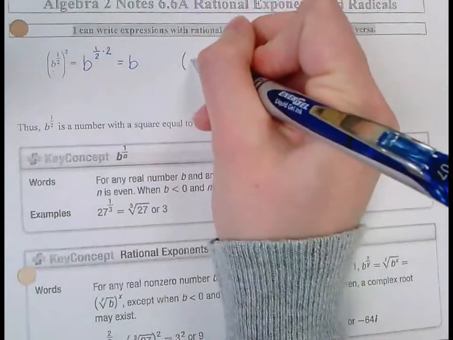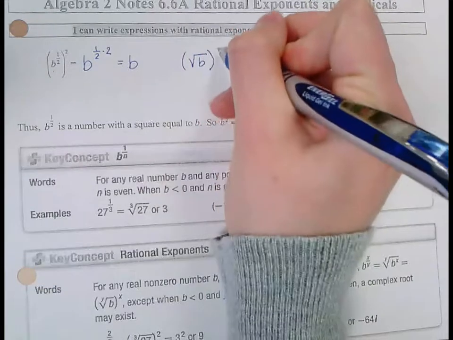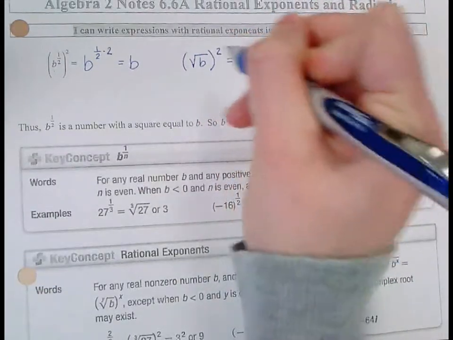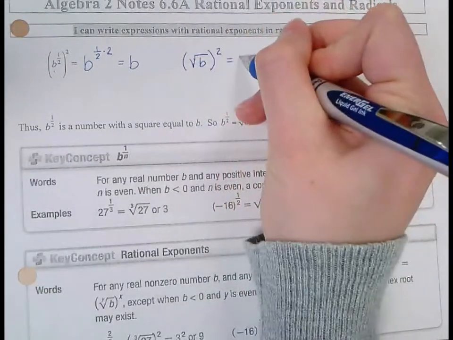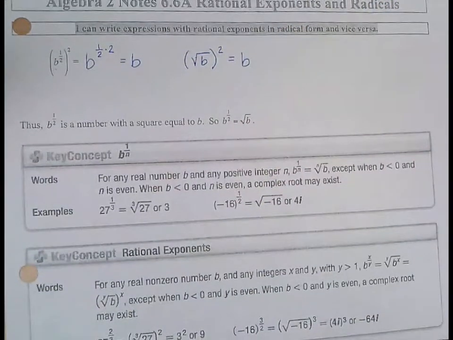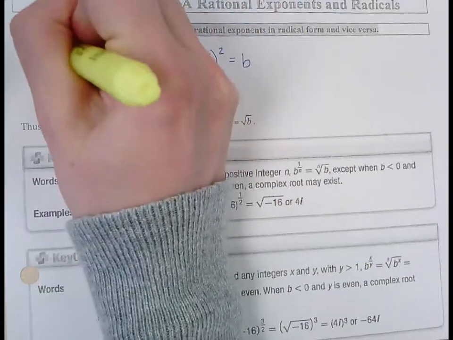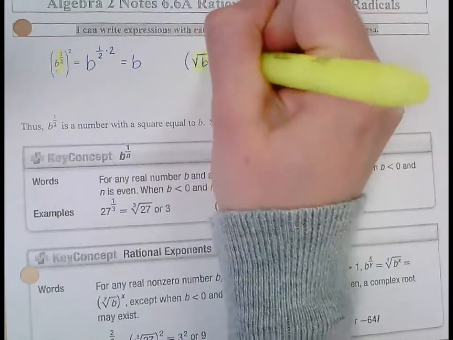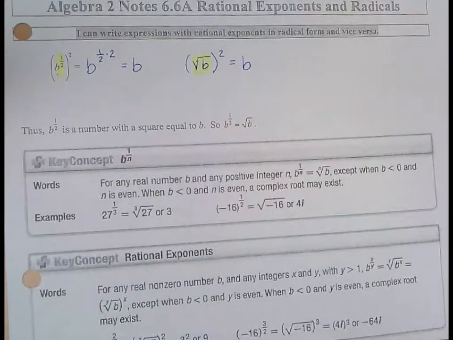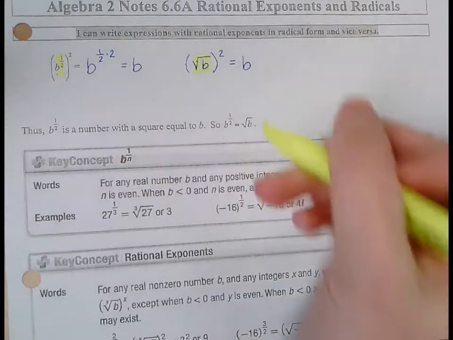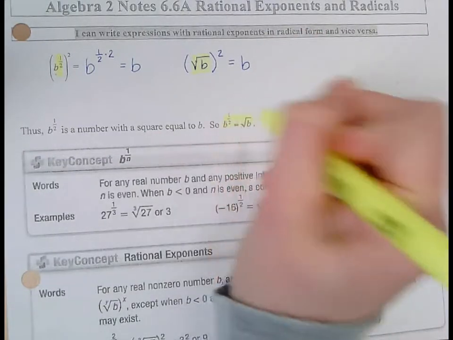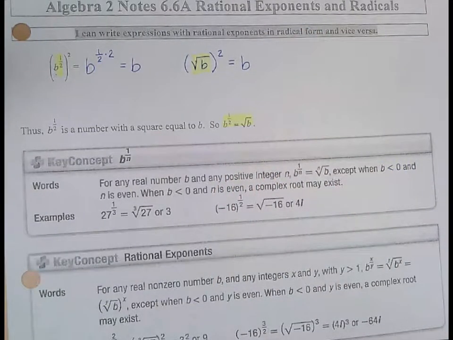We also know that if we take the square root of b and square it, the square root and the square cancel out, and that is also just b. So they're making the conclusion then, if both expressions squared equal the same thing, the two expressions must be equal to one another. So if you see something written to the 1/2 power, that means it's the square root of that quantity.